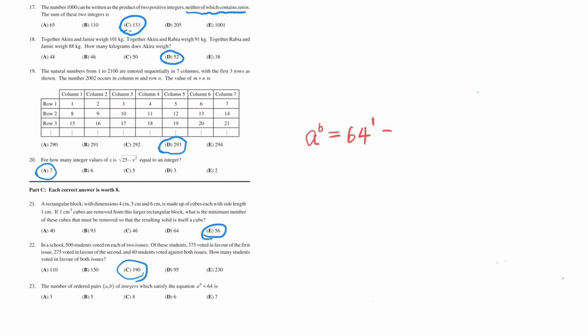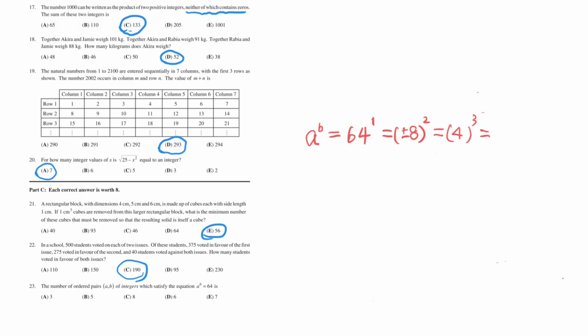Also 64 is positive 8 and negative 8 squared, they all equal 64. Also, that's 4 cubed. Only positive 4 cubed is 64; negative 4 cubed is negative, so that's not an answer.